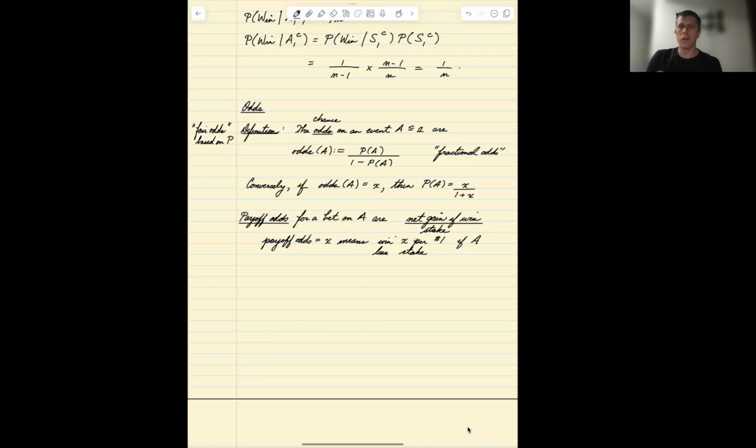Okay. So if the payoff odds are 4 and I bet $100, then if I win, I'm going to win $400 of profit. If I lose, I'm going to lose $100.